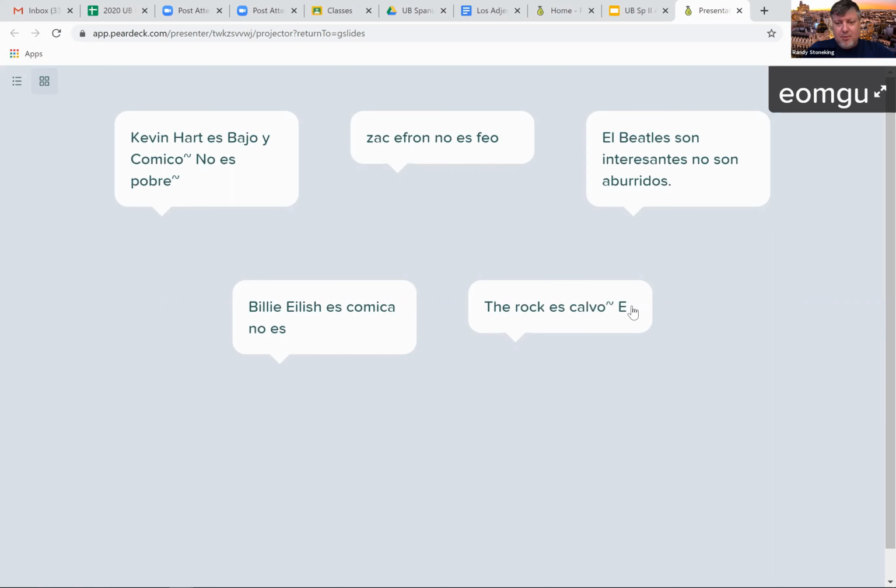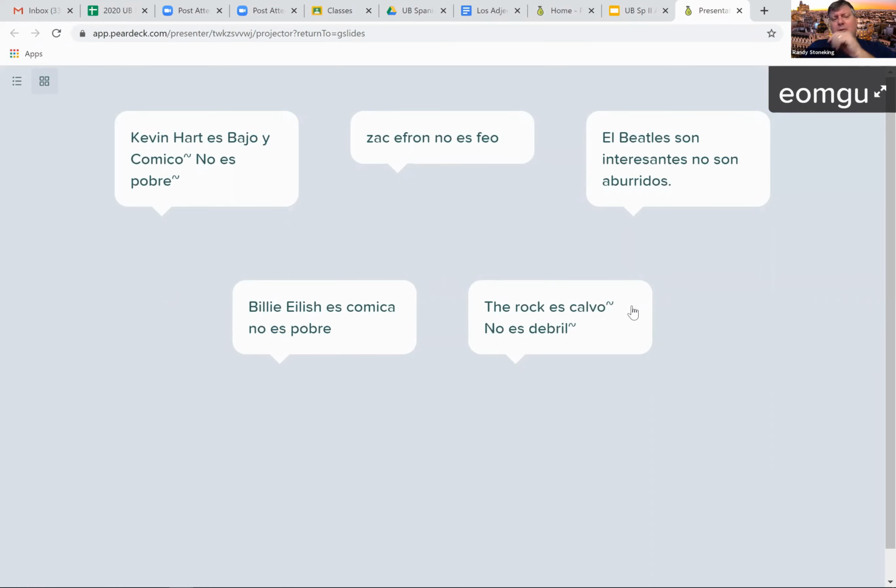That's the opposite of guapo. Perfecto. Yeah, no es débil. The Rock, no es débil. The Beatles son interesantes, no son aburridos. Billie Eilish es cómica, no es pobre.